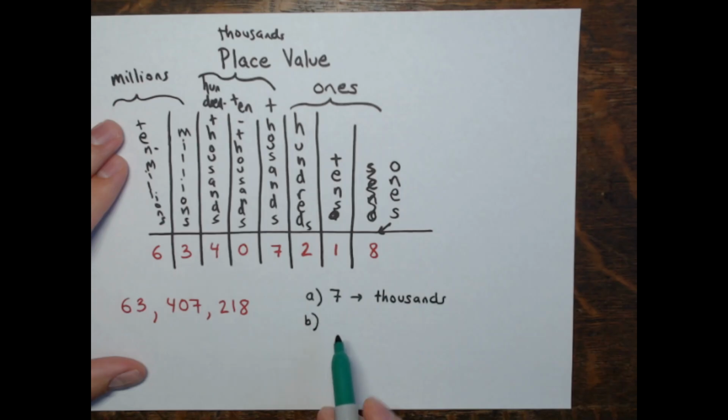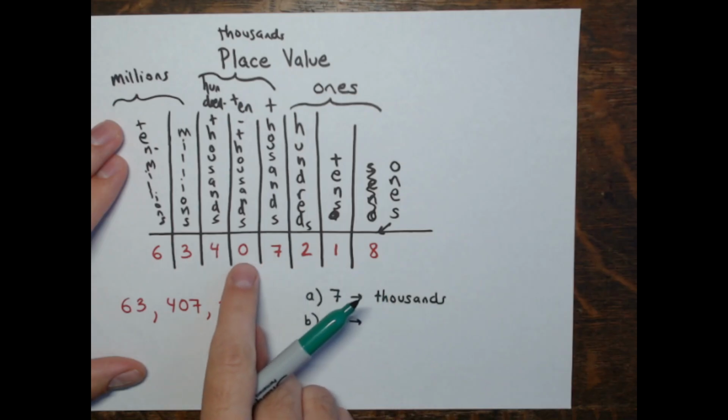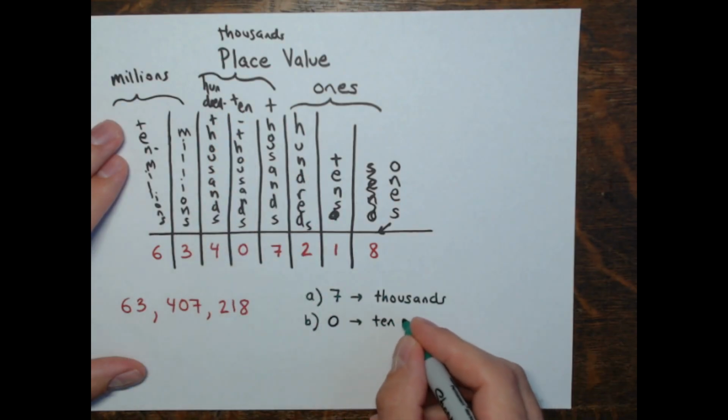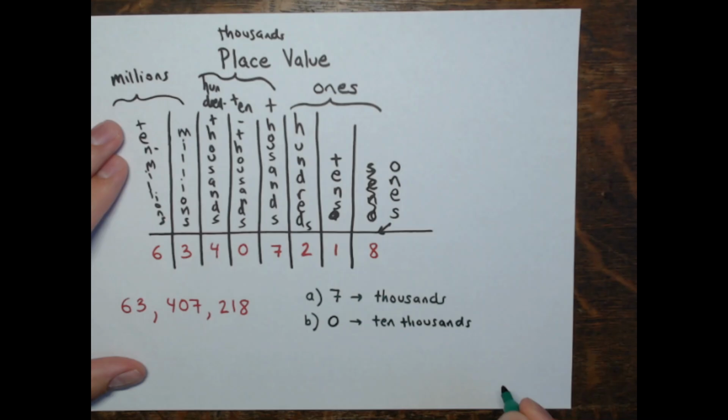Part B, what place value does the digit 0 have in this number? That's in the 10,000s place. Part C, what place value does the digit 1 have?